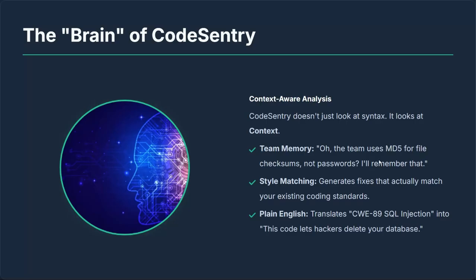It generates fixes that match the existing coding standards as well. And it explains things in plain English, which is one of the core important aspects to keep in mind when communicating security related vulnerabilities to different development community groups.